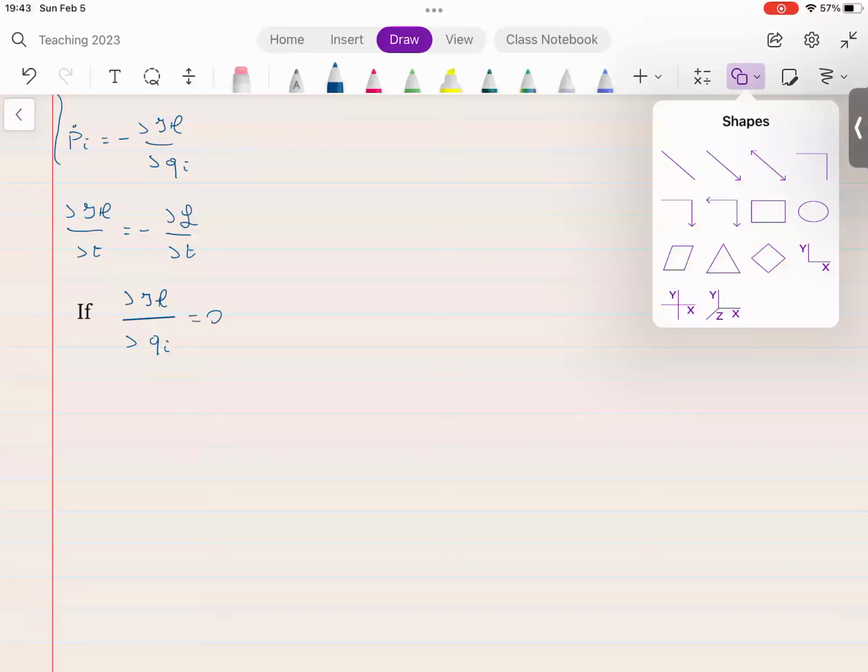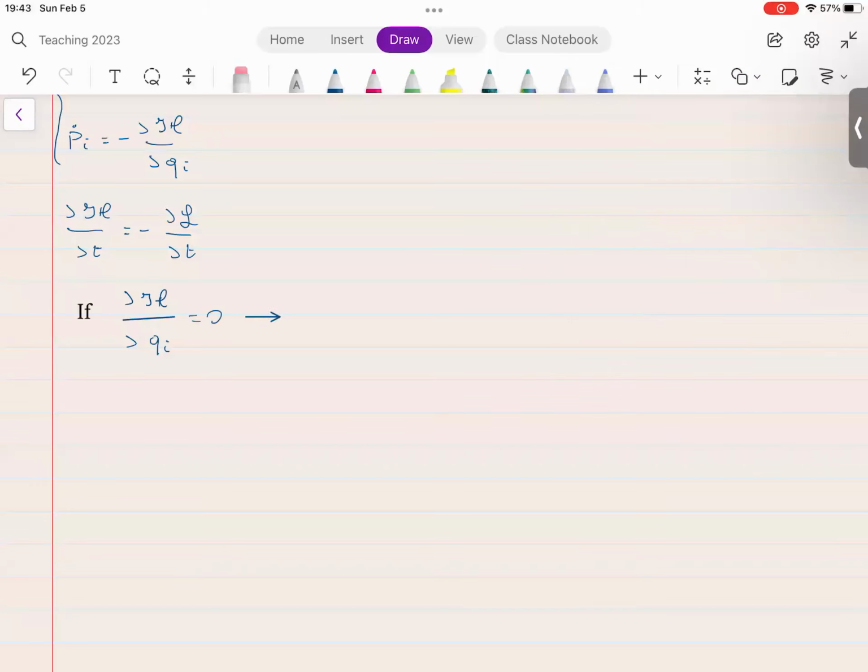Then it follows that the generalized momentum associated with that coordinate has a zero derivative. That's its equation. You see it from the top there.